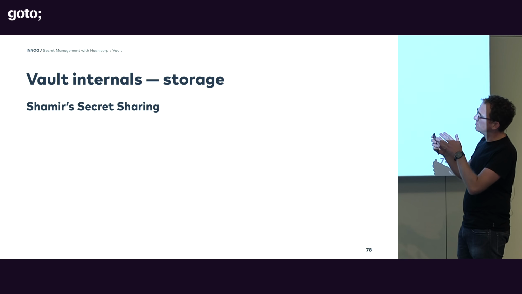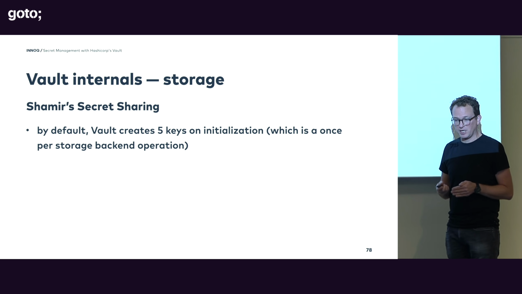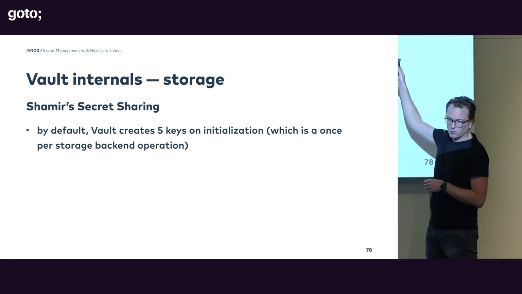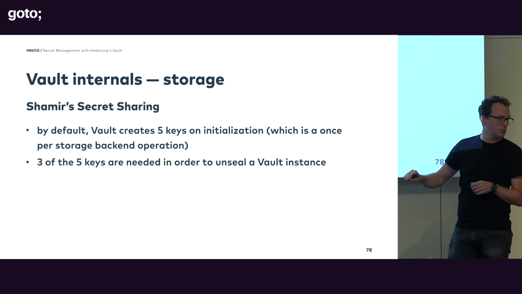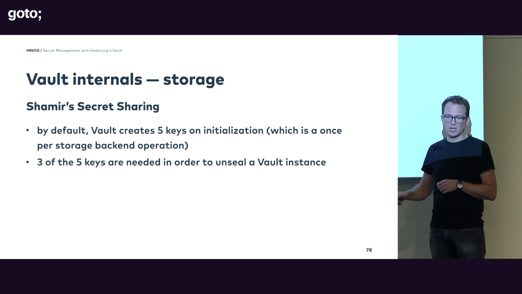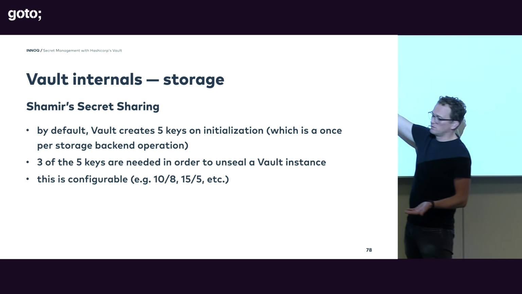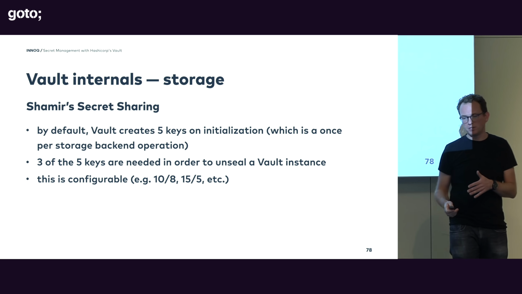To make it more concrete: when you initialize Vault, it creates 5 keys, and this is only done once. And 3 of those 5 keys are needed in order to unseal Vault. This is configurable. You can also create 10 keys and 8 are necessary, or 15 keys and only 5 are necessary, whatever fits your company.